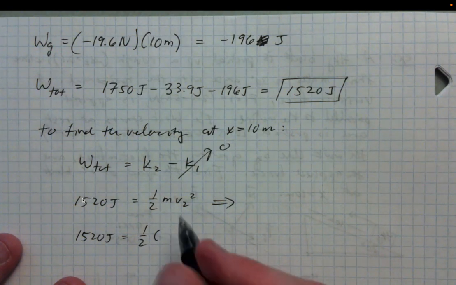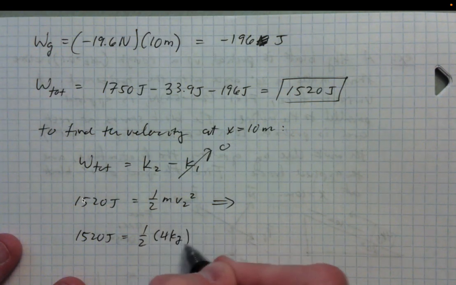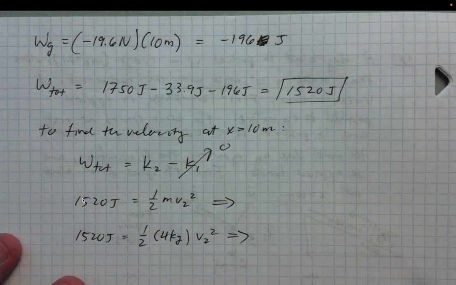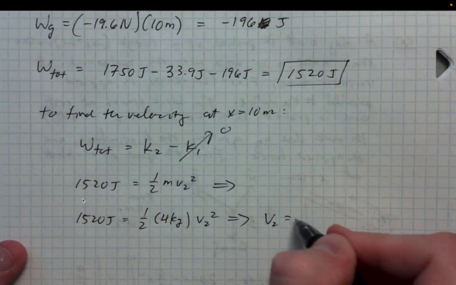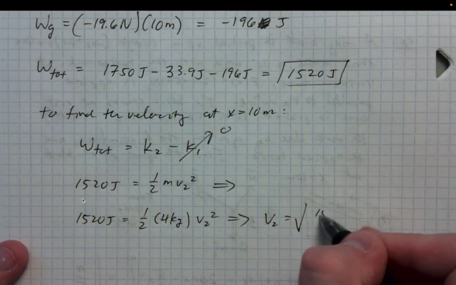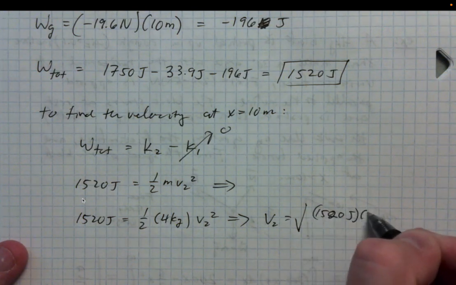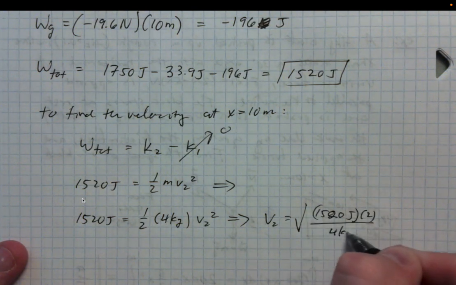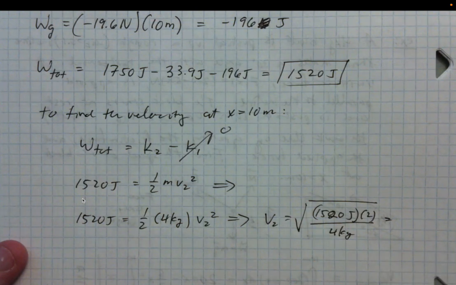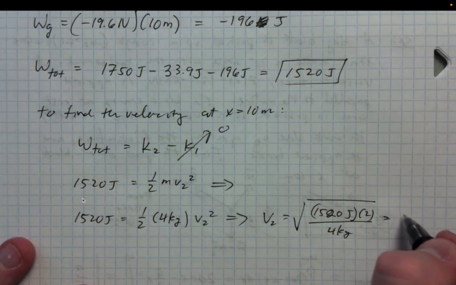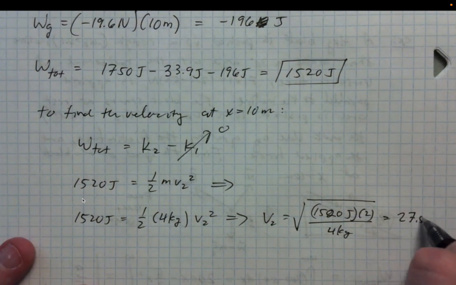The mass is 4 kilograms. Okay, and so v is the square root of 1520 joules times 2 divided by 4 kilograms. You do all of that math, and you get 27.57 meters per second.